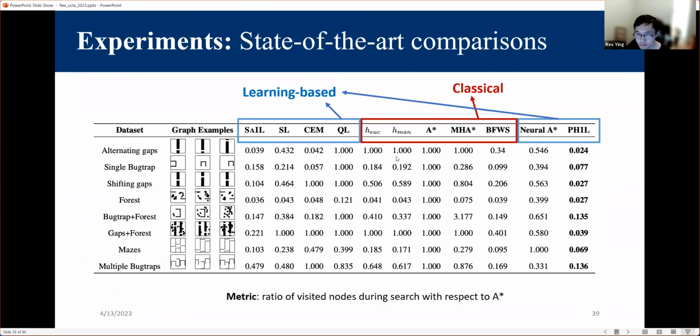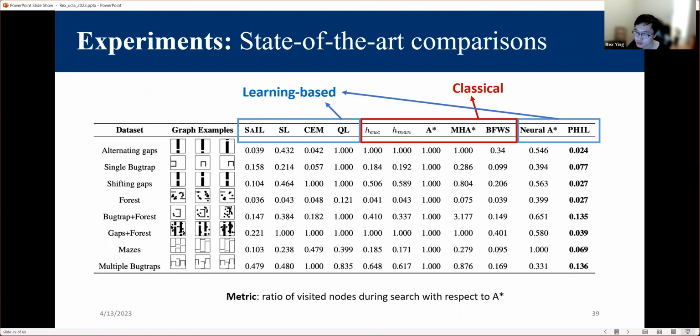Okay, so we did some experimental comparison. Here the blue ones are the learning-based methods, some of the previous ones like SAIL and Neural A star and a bunch of others. There are also classical methods, the ones in the red box, that do not use any learning algorithm.